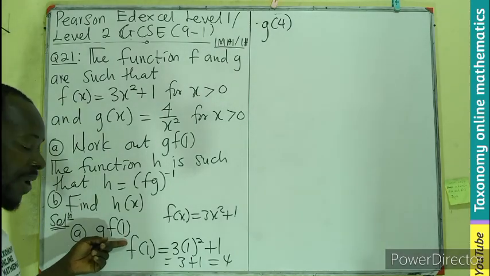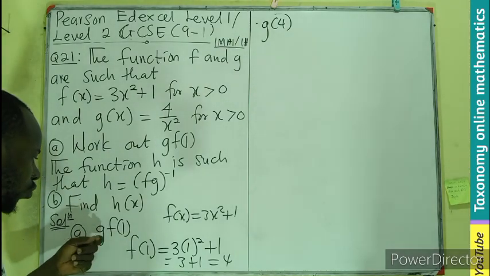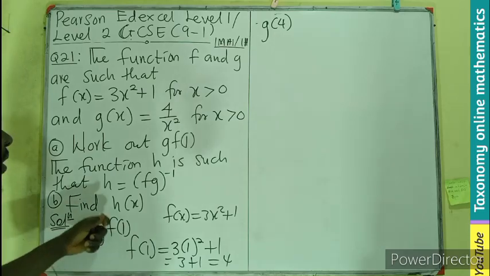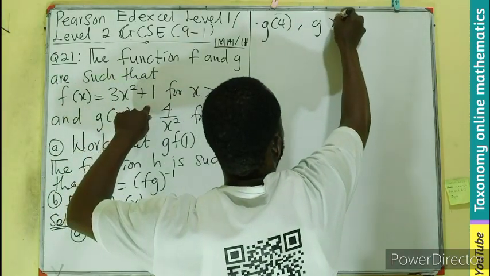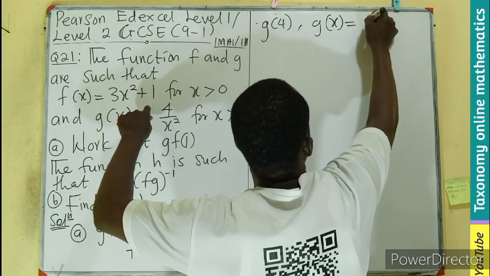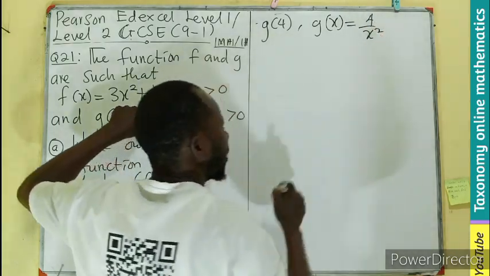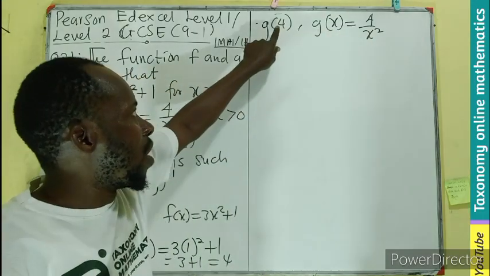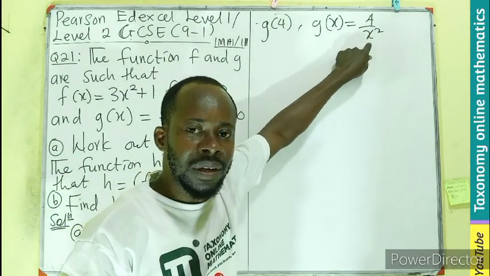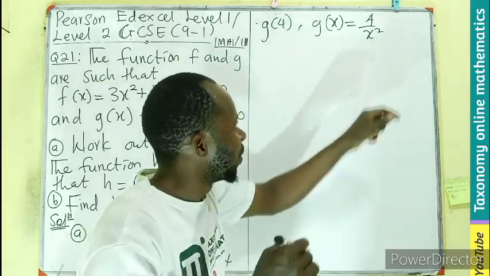We find the first one and substitute it into the place of this. We know our g of x is giving us 4 on x squared. Wherever I see x is being replaced, so now the 4 will take the place of x.